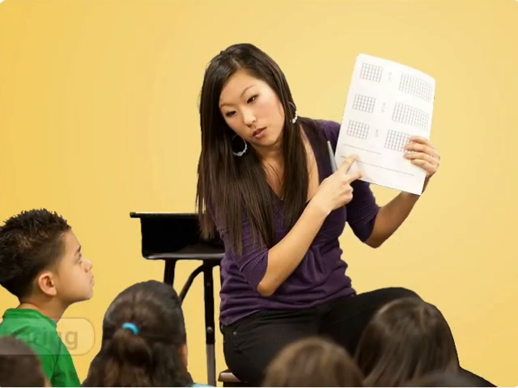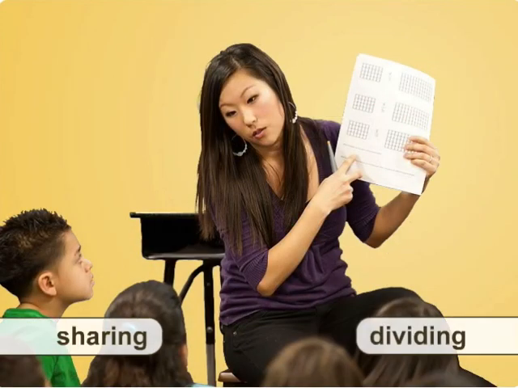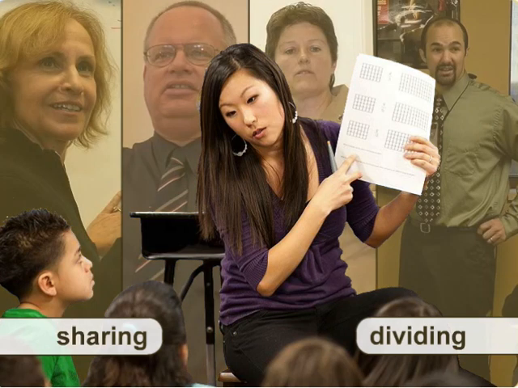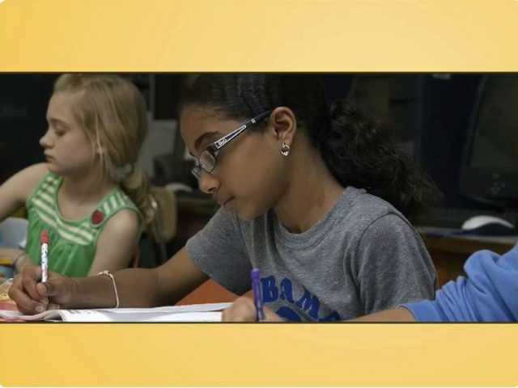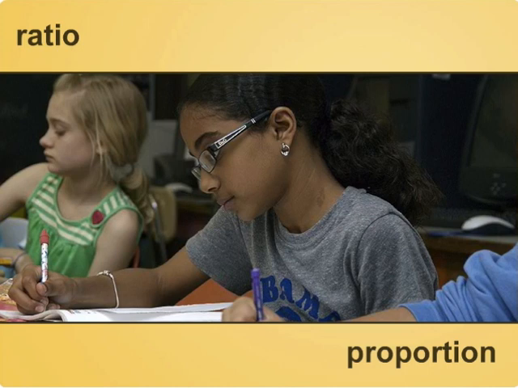In addition to working with students on sharing and dividing, researchers and mathematics educators suggest that teachers build on children's informal understandings of proportional relationships. This will lay the foundation for learning more advanced concepts of ratio and proportion in the upper elementary grades.